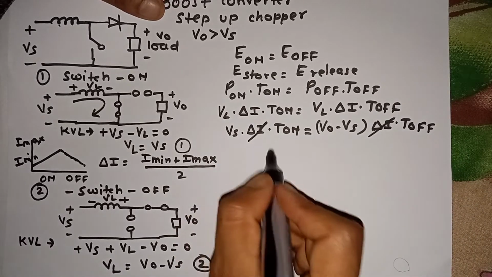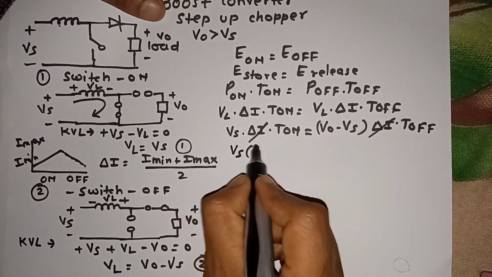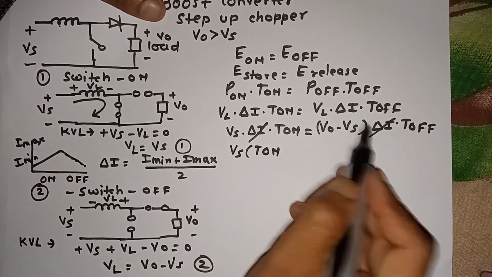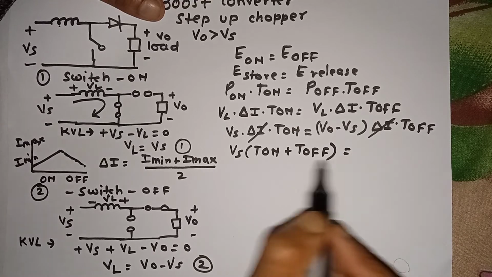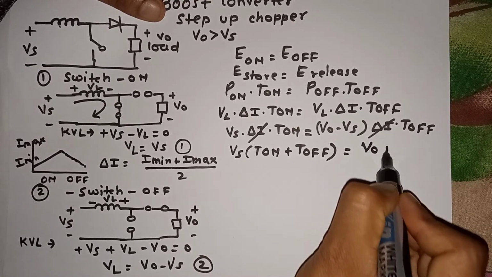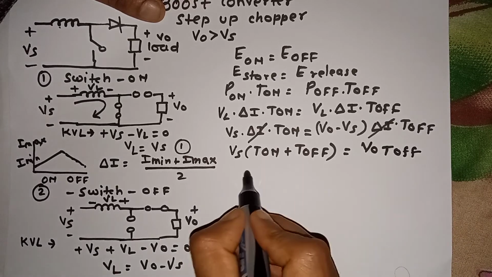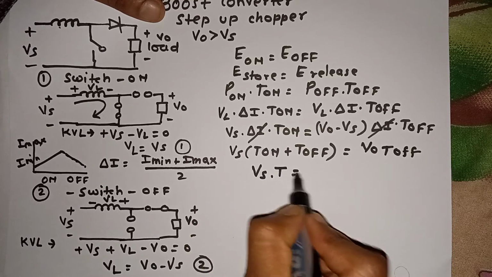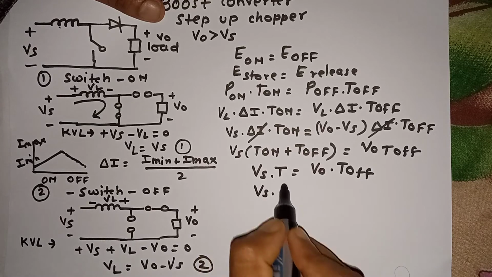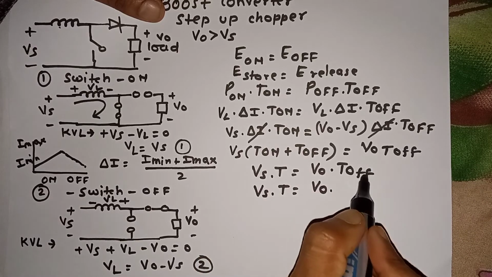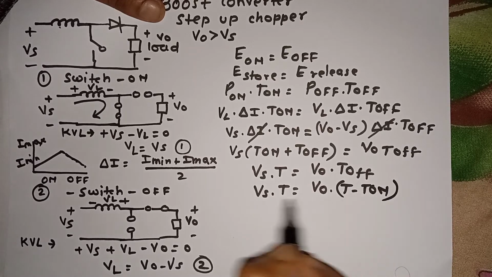We can write Vs T on, and this is negative T off, so it goes to the other side, giving Vs T is equal to VO T off. The complete time period is T on plus T off, so Vs into T is equal to VO into T off, and we can write T off as T minus T on.